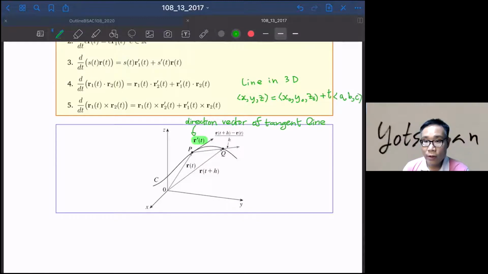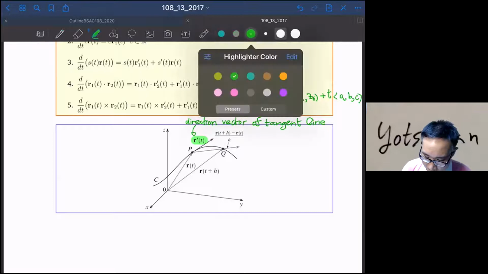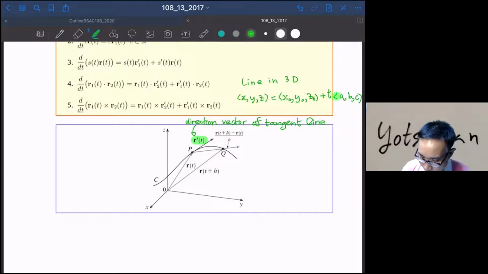This is the equation of the line, and this a, b, c is the thing that I said here. It's going to be the direction vector.